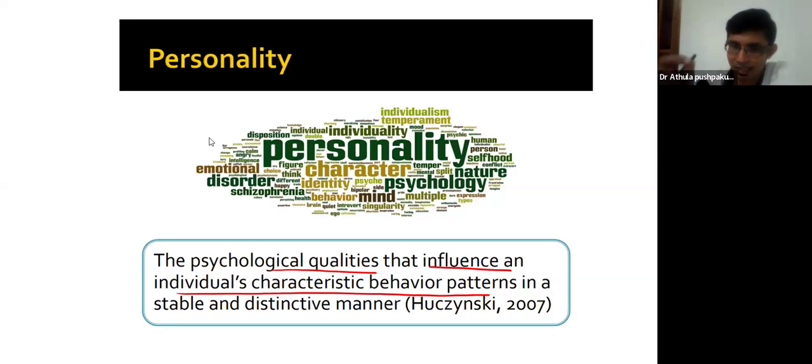Psychological qualities especially impact your behavior. According to your measurement, you identify private is better or the free education system is better. It depends on your personality, right? Heredity and also external factors, internal factors, various factors impact.